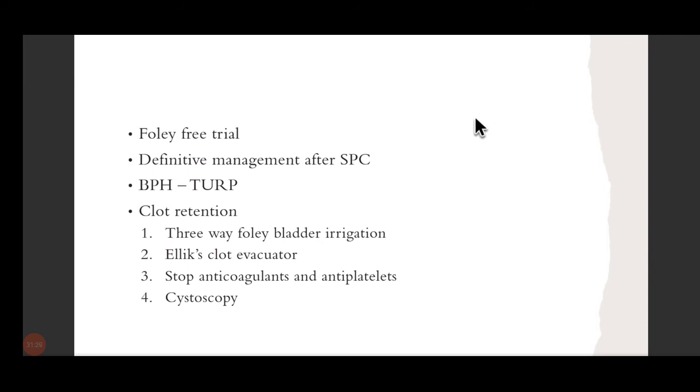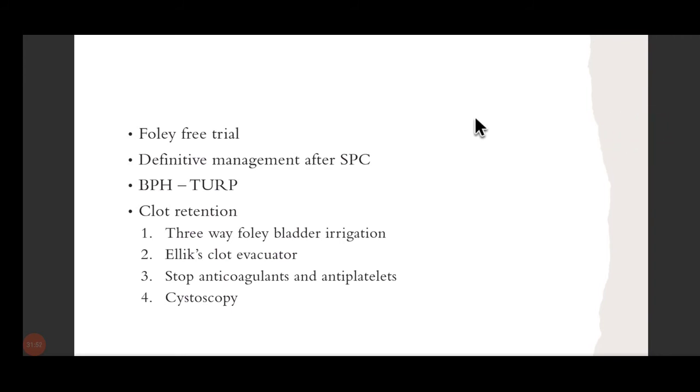So, furthermore, once the patient is catheterized, in the follow-up OPD, you can ask for a Foley-free trial. After a SPC, you attend to the pathology which has resulted in obstruction of the distal urinary tract.